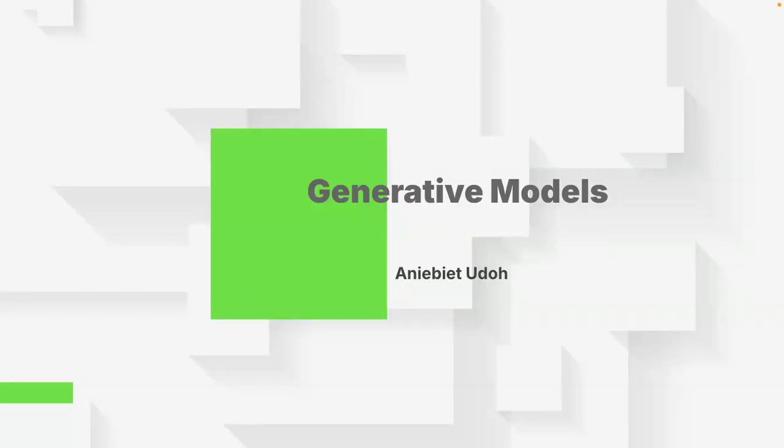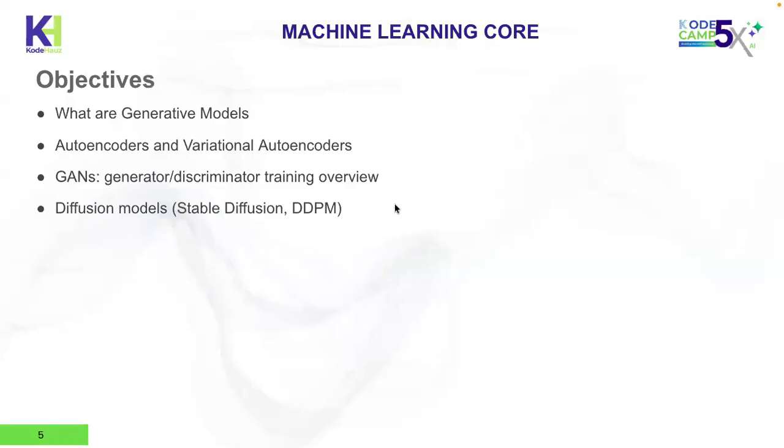We had already started with generative models last time, and I was rushing through because we were out of time. But I'll just do a quick recap. There are three main types of generative models which we have looked at: autoencoders, GANs, which are the generator, discriminator, generative adversarial networks, right? And then the diffusion models.